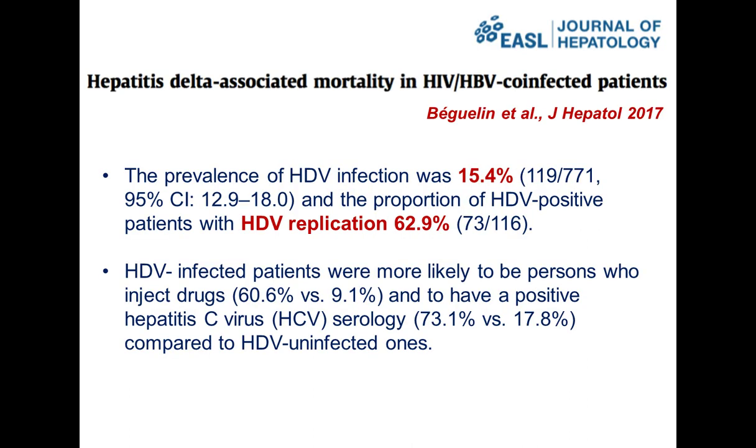In particular, this recent study shows that around 15% of HIV plus HBV infected patients are also HDV seropositive. The majority of them are characterized by a highly replicating HDV.